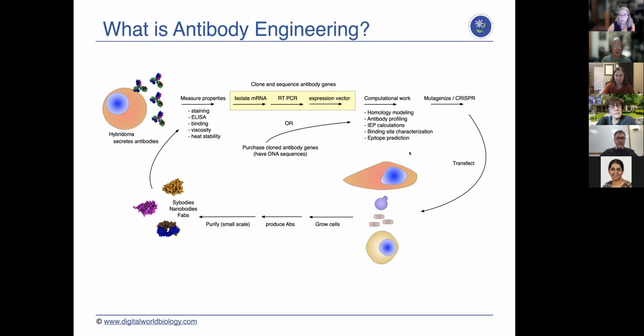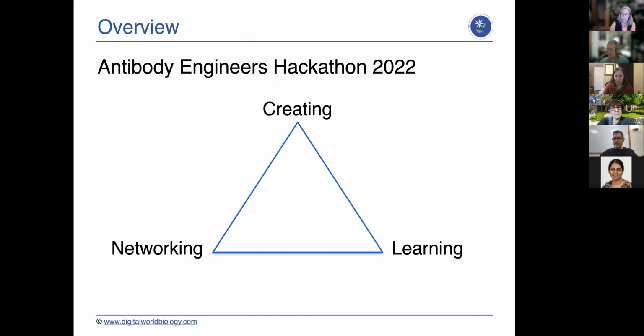And there are a lot of different kinds of techniques that can be involved with antibodies, from making hybridomas and cloning the genes and measuring all the antibody properties to isolating RNA, doing PCR, vectors, CRISPR, producing antibodies. There's a lot of places we can go with all this.